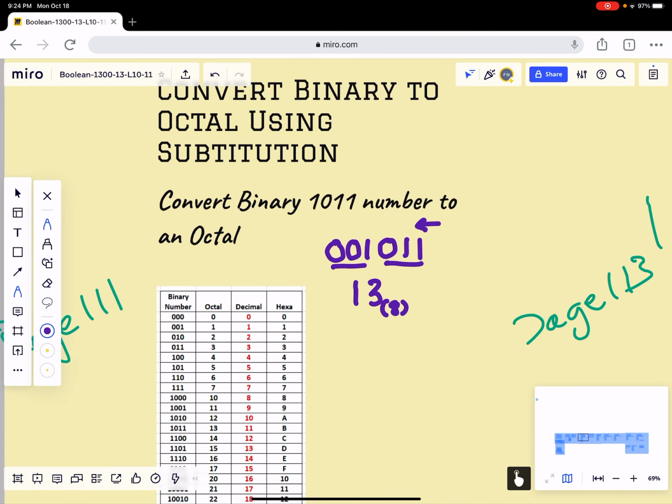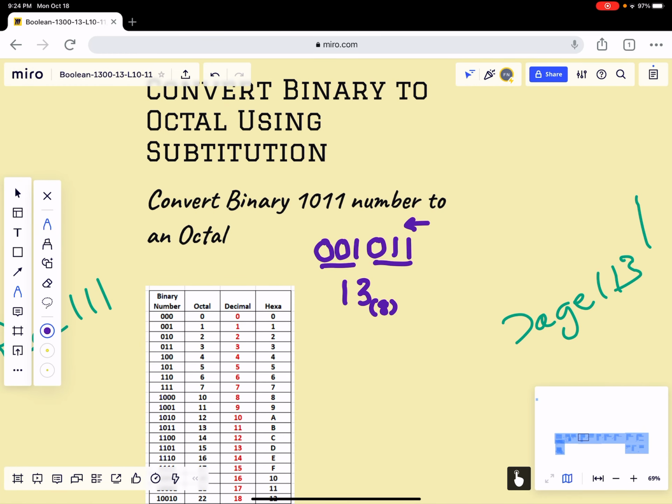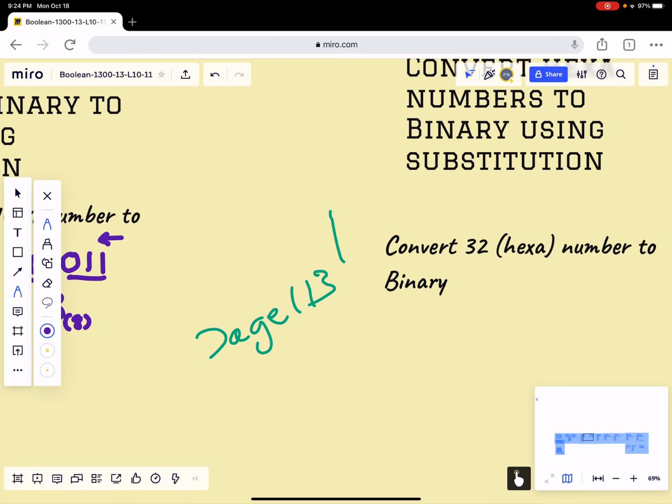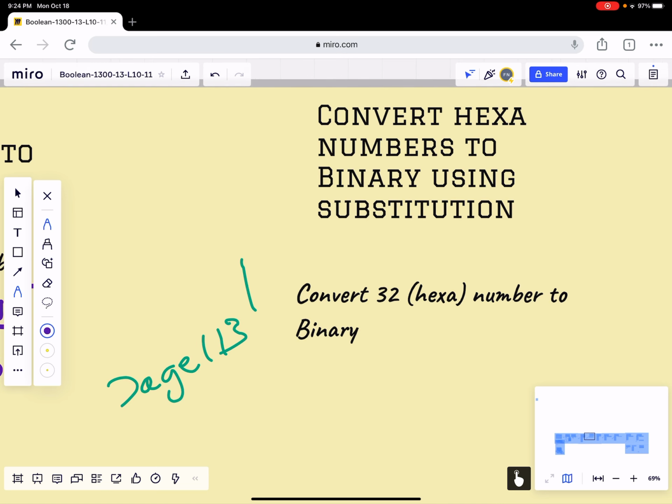All right, let's look at another example. In this example, we want to convert a hexadecimal number to binary using the substitution method. Hexadecimal numbers start from 0 all the way to the letter F: 0 to 9, and after 9 you get A, B, C, D, E, F. So let's do number 32.